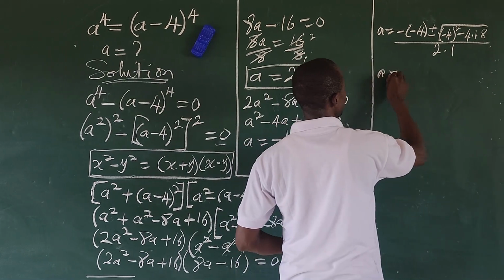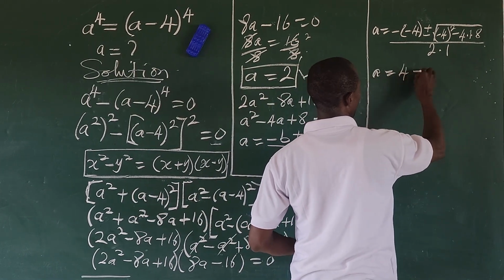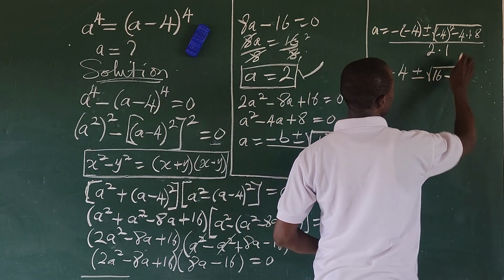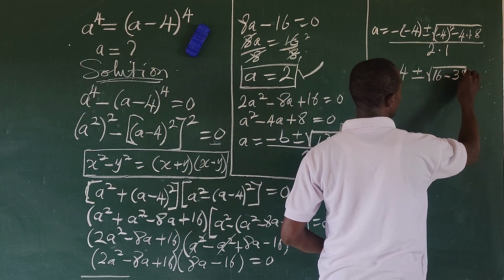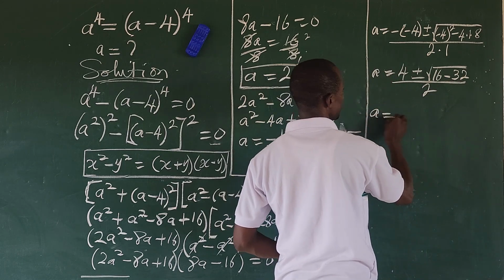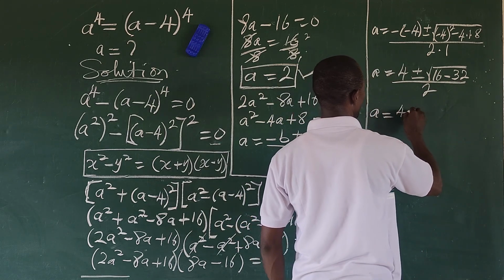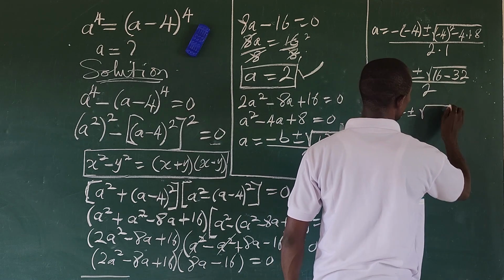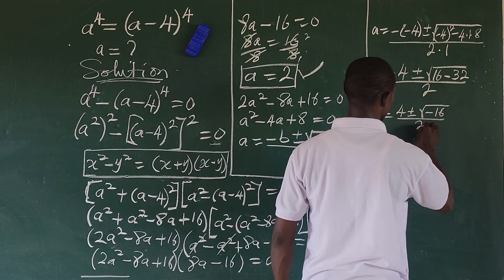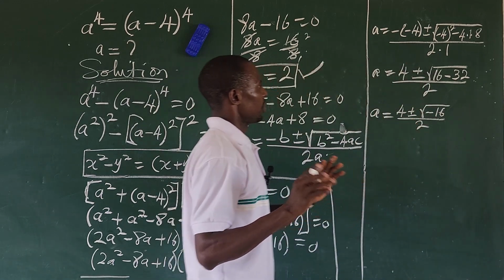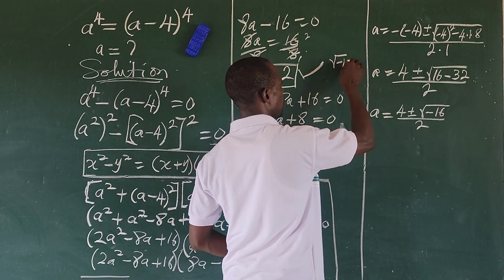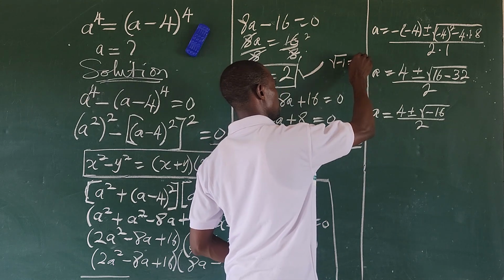So we have our a is equal to positive 4 plus or minus the square root of here we have 16 minus 4 times 8 will give us 32 all over 2. So we have a is equal to 4 plus or minus the square root, this will give us minus 16 all over 2. So what we do here, we recall that the square root of minus 1 is equal to what?